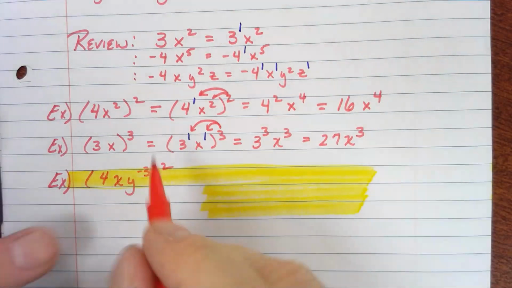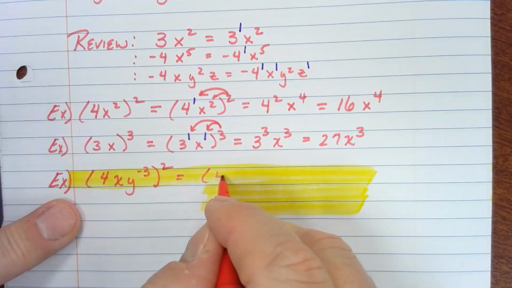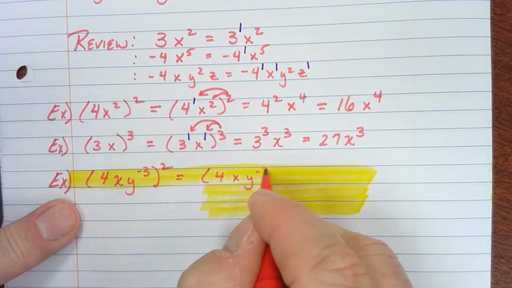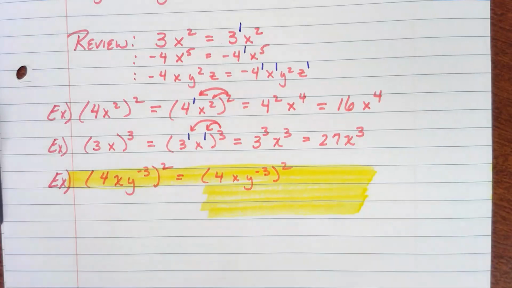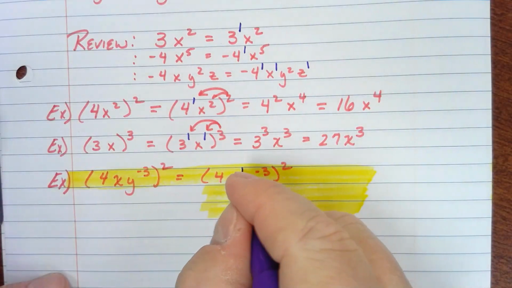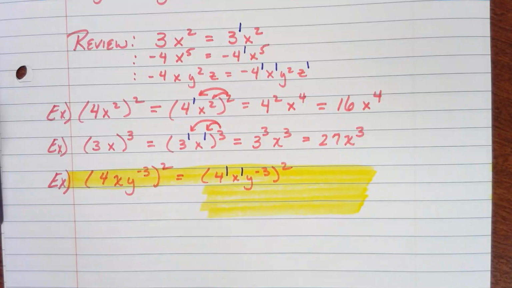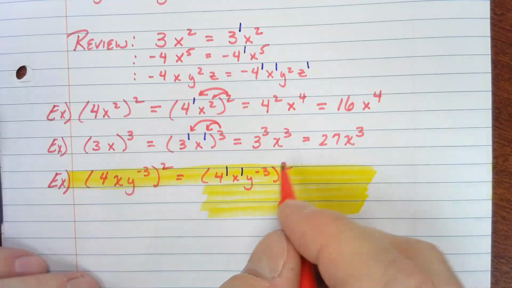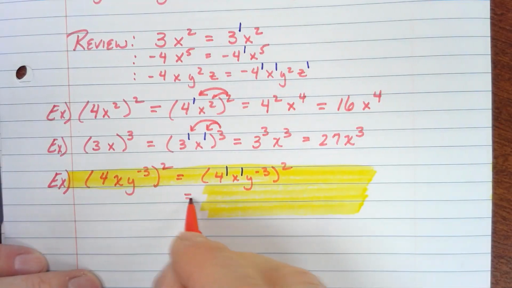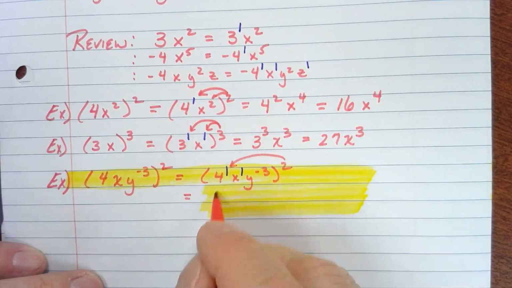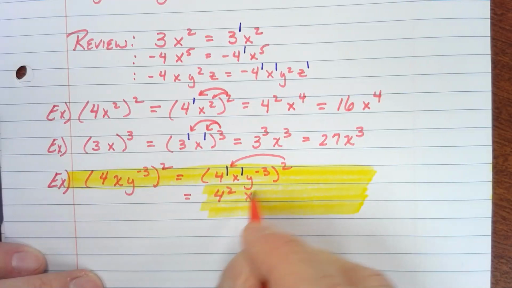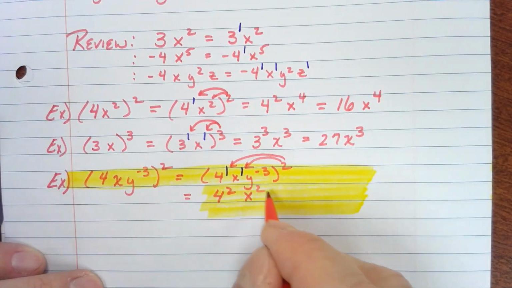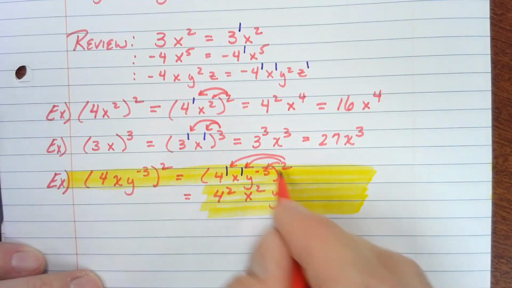The first thing is I've got some unwritten ones that need to be written in. I see this -3. I'm going to proceed like I have. This is going to be 4 squared, x squared, y to the -6.